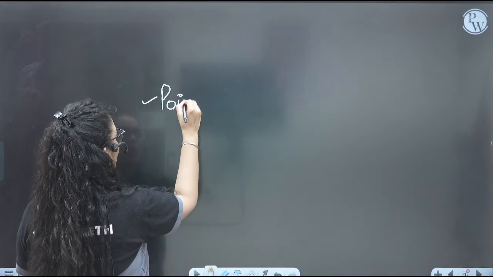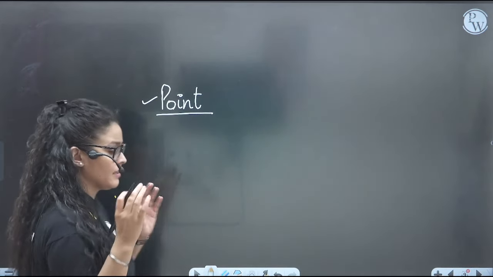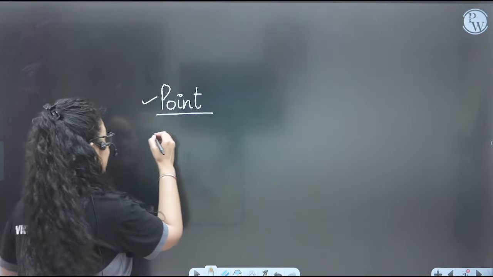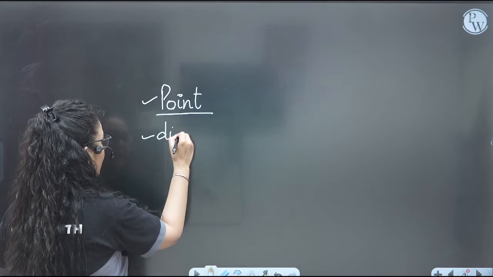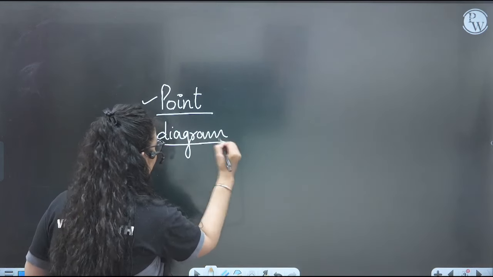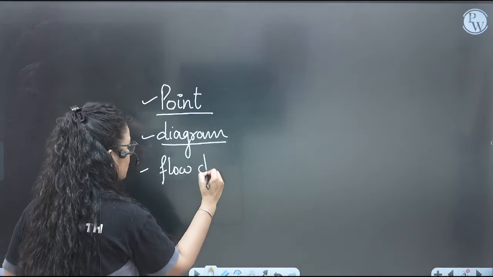Write all the key points and key words from the answers in point form. Next, wherever required, make a well labeled diagram. That is very important. And if there is any flow chart, you can draw the flow chart.